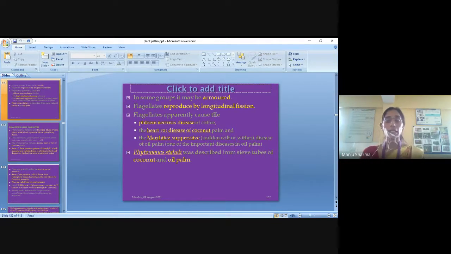Flagellates apparently cause the phloem necrosis disease of coffee and the heart rot disease of coconut.